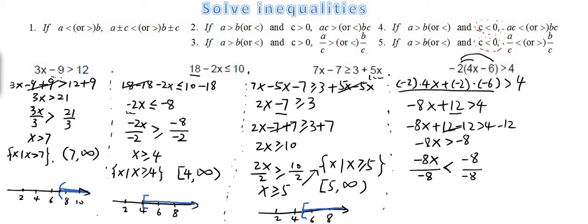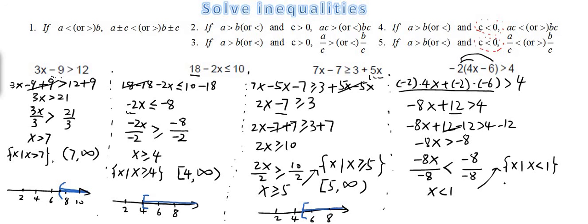So it should be a less than. So here is x less than 1. And of course, we can write it down as the set notation, x less than 1.